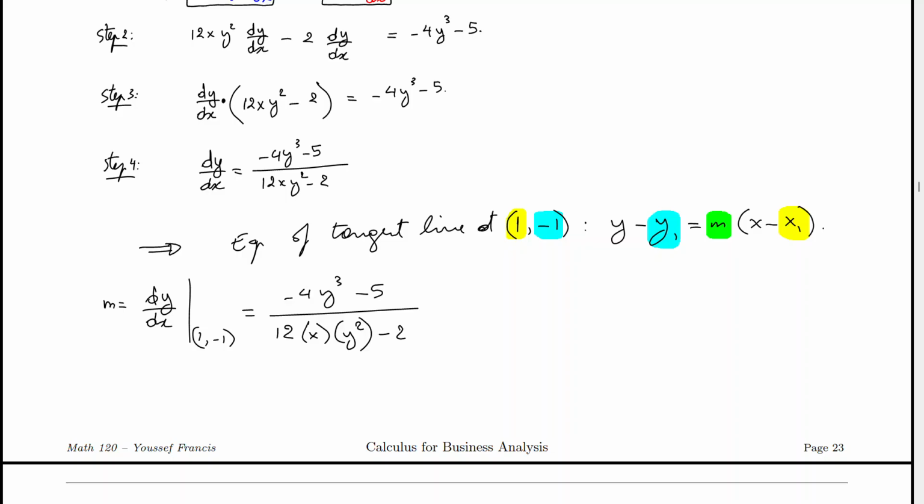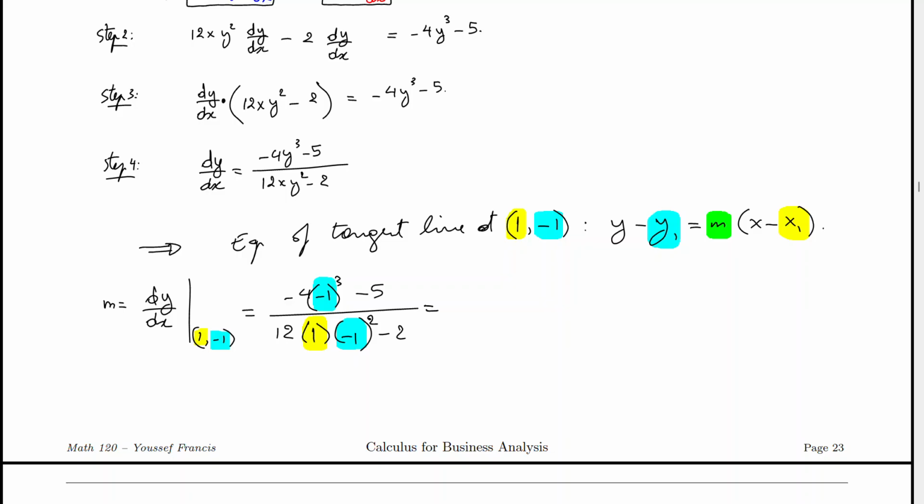But instead of the y's, I'm going to be putting negative 1. So every time you see a y, you're going to put negative 1. And instead of the x, you're going to be putting 1. So my x is there, I'm going to erase it, and instead of the x, I'm going to write down 1. And that's because the point that's given to me has 1 for the x and negative 1 for the y.